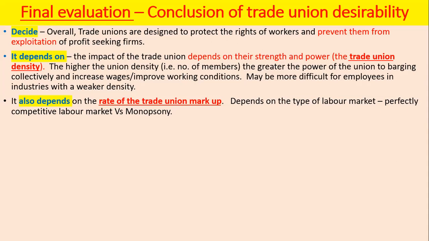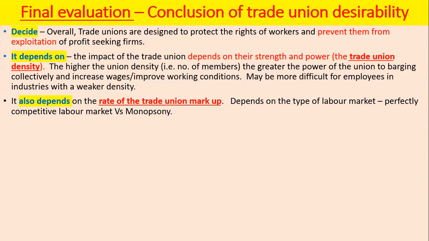It depends upon the type of labour market, i.e. perfectly competitive labour market versus a monopsony. So we would say that labour market intervention in a perfectly competitive labour market causes an increase in wage, but it also brings about reduced levels of employment.